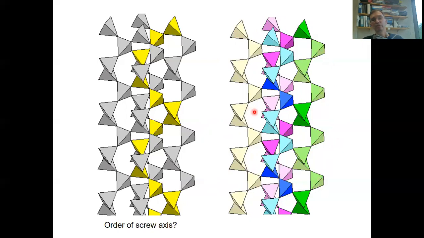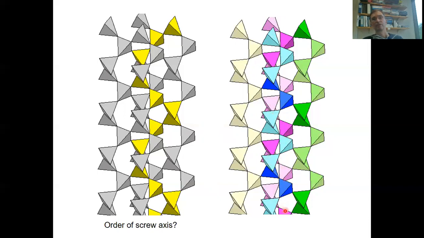So you see all tetrahedra belonging to a 3-fold screw axis in the same color. So for instance, all the green ones here are produced by a 3-fold screw axis. All the purple ones, and here also the blue ones.